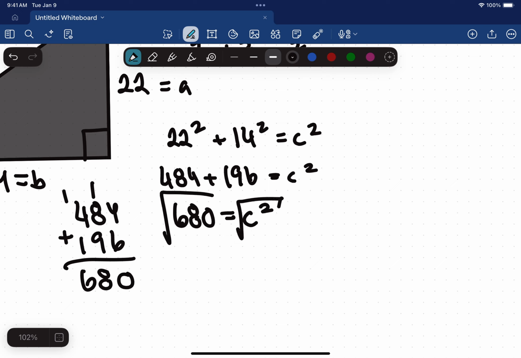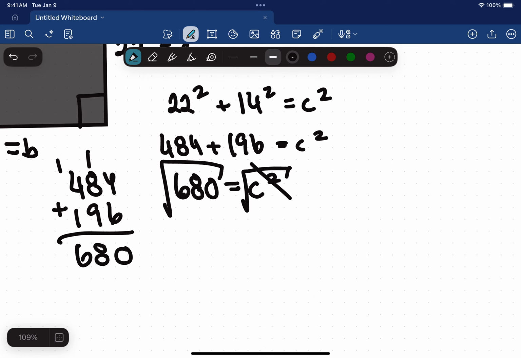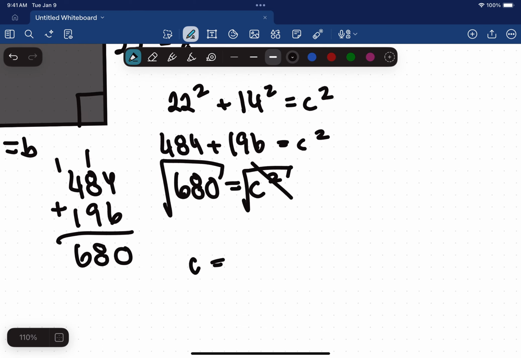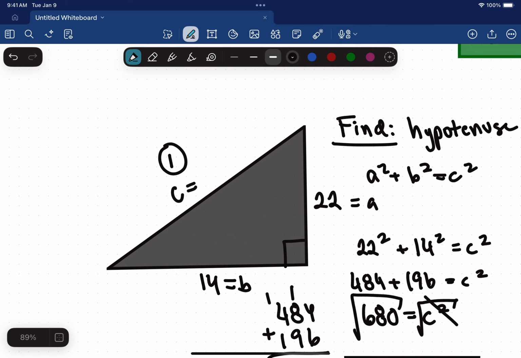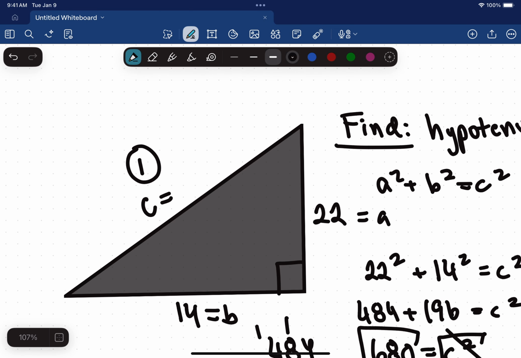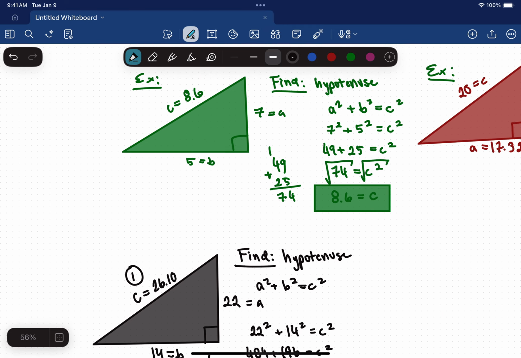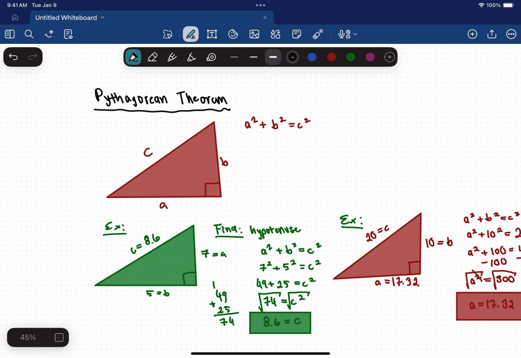Square root both sides. That cancels out the square. So C is going to equal 26.1. So our C will be 26.1. And that is how you use the Pythagorean theorem.